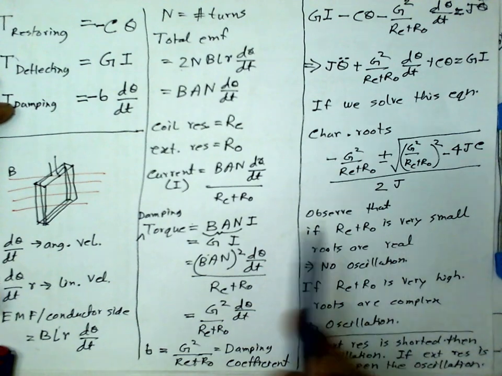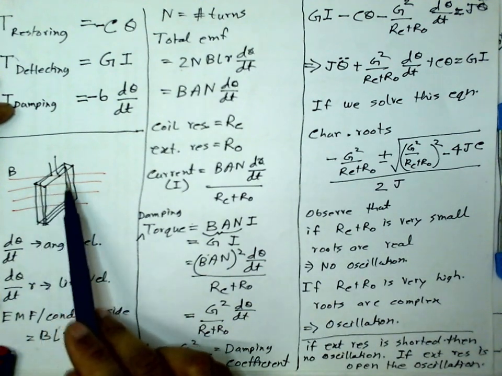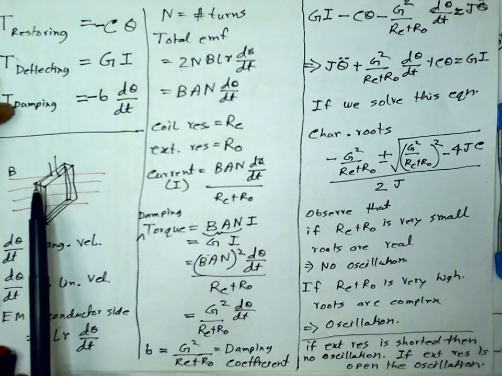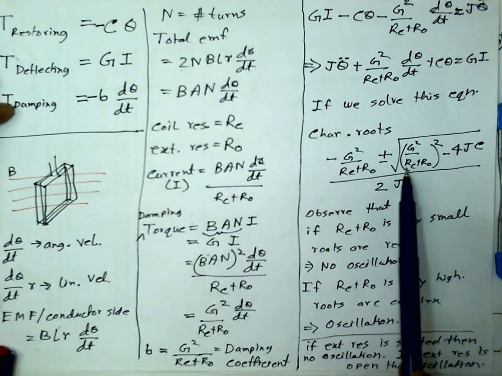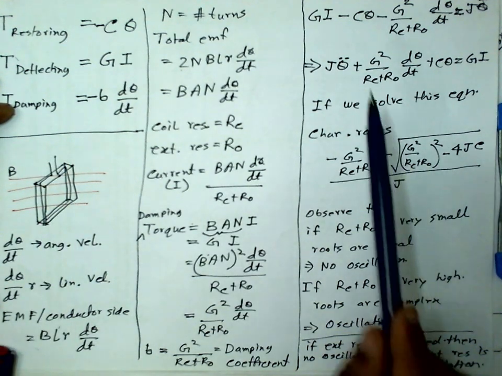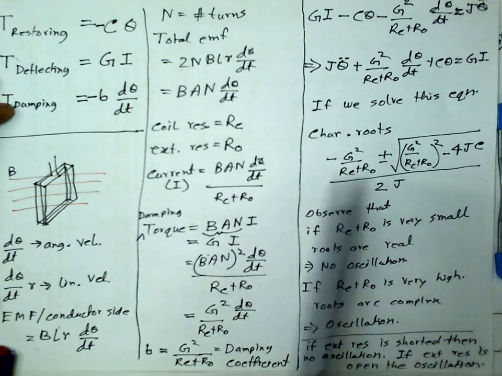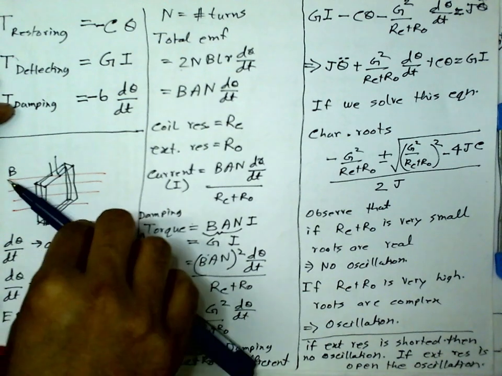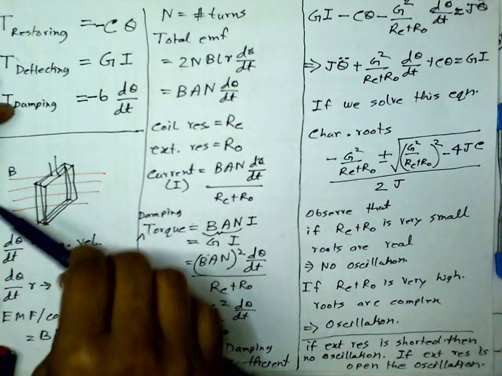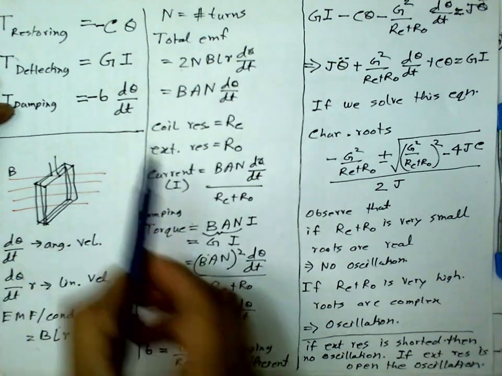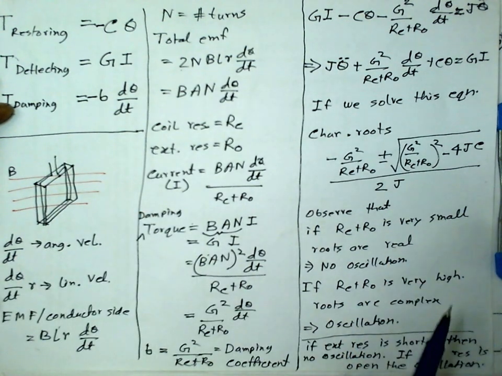So whether this coil will oscillate or not depends on this resistance value. Okay, so this is the dynamics, and this is the conclusion that this coil can oscillate or may move to its final position smoothly depending on the value of the resistance.